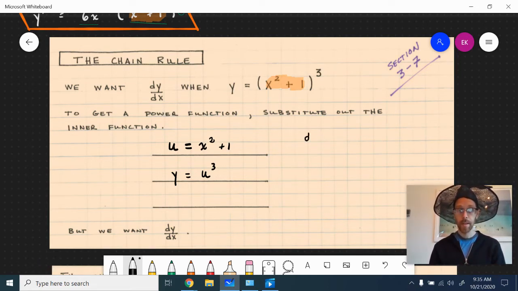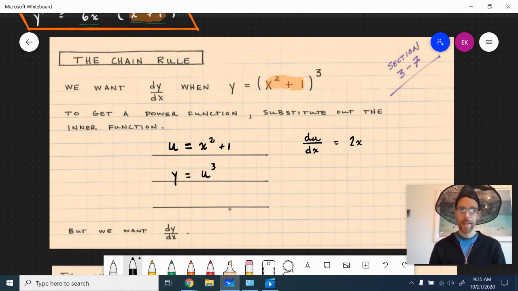We can say the rate of change of the u function with respect to x, because x is our variable right here, would be equal to 2x.